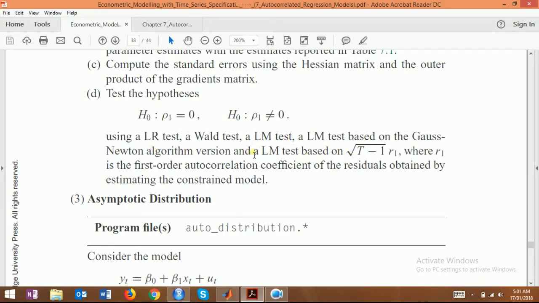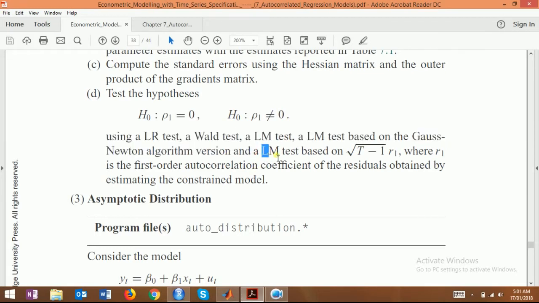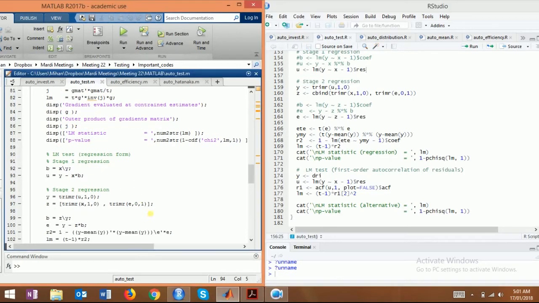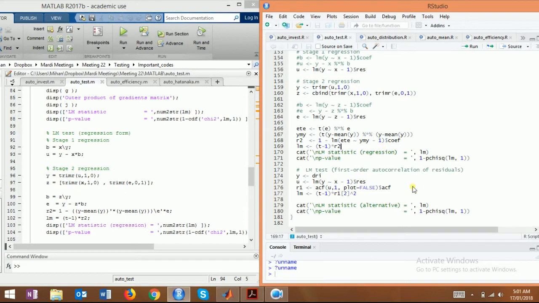Test, we wanted them with a Gauss-Newton version which uses maximum likelihood estimation. We did that, and we want one LM test based on root t minus 1 r1. So first step is to do OLS regression for the initial values.